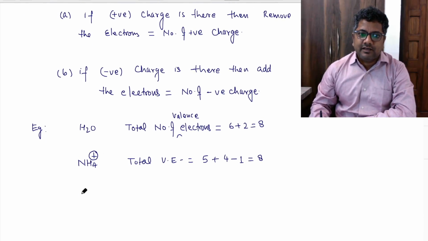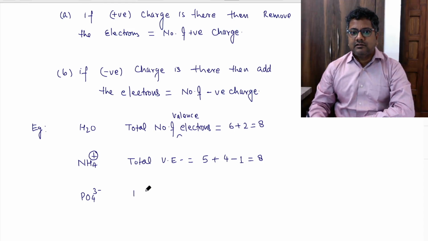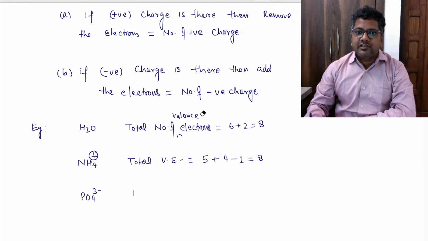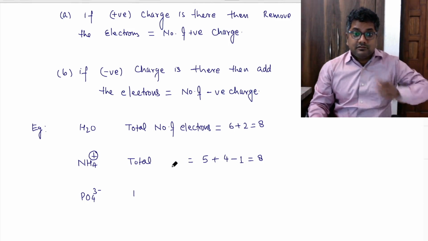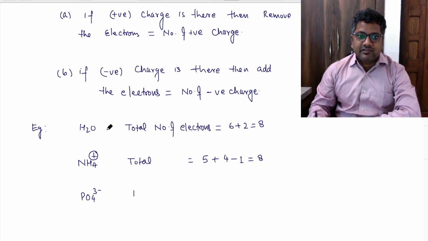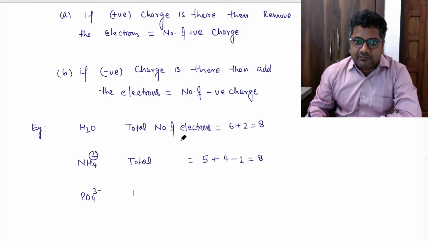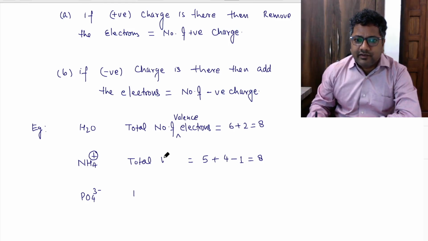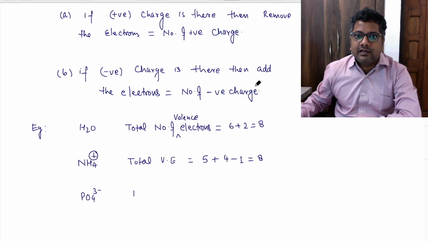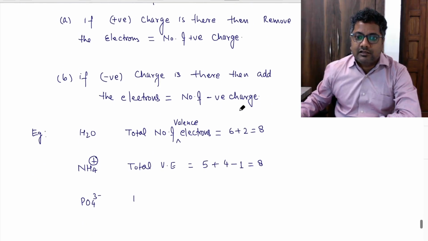Similarly, if you have PO4 3 minus, the total number of valence electrons, basically in all atoms, in the molecule or ion, not any particular atom.